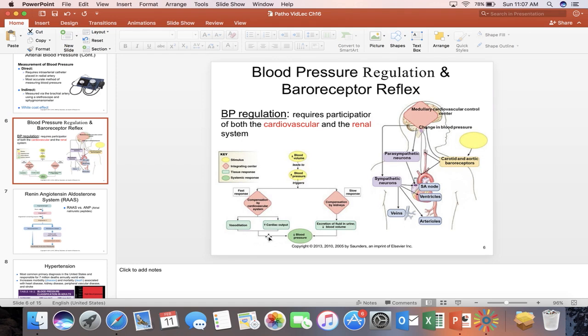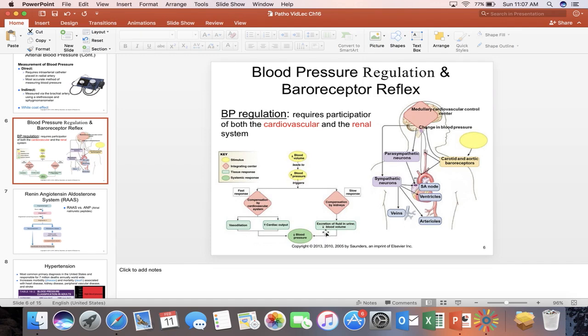With those two, your body will decrease blood pressure, and that is the cardiovascular response. On the right-hand side, you have a renal response, which is the slower method, and that causes the excretion of fluid in the urine, which decreases blood volume. Thus, it will cause a decrease in blood pressure.